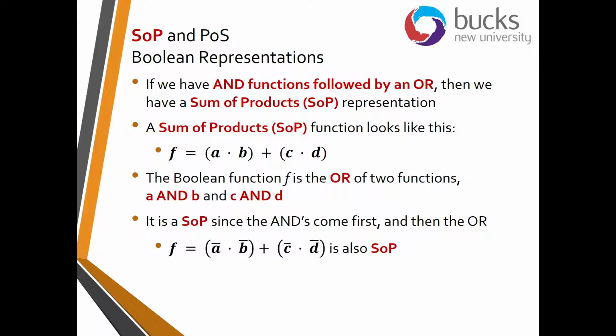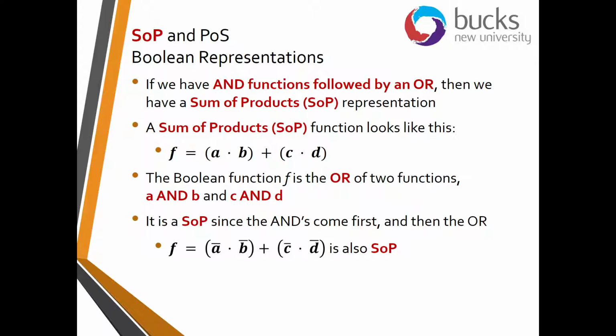And a sum of products function in the expression would look something like this. So we have F equals A and B, or C and D. Now, if you look at that and you think about how that would be made as a circuit, we would see that the outputs of A and B are brought into an AND gate, and so are the outputs of C and D. And then both the outputs of those two AND gates are brought together by an OR gate.